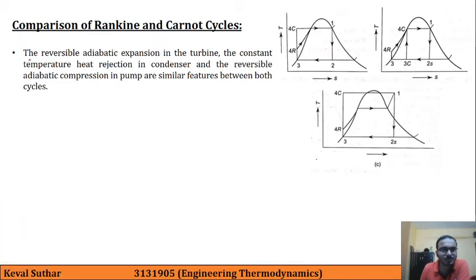Here is the reversible adiabatic expansion in the turbine, that is this process. The next is the constant temperature heat rejection in the condenser, that is over here.